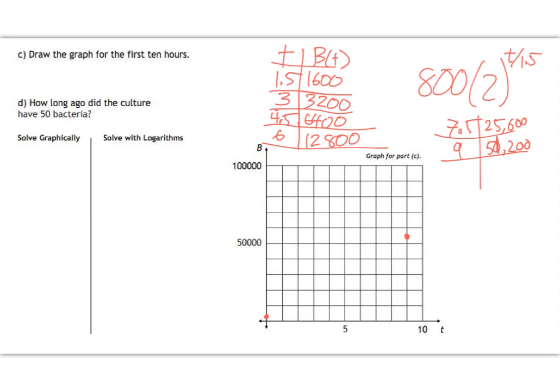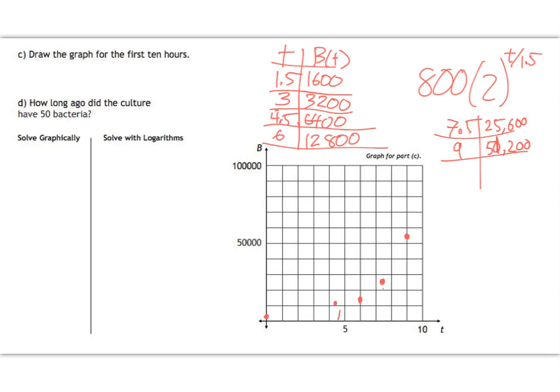So we're somewhere like this. We said 7.5 was 25,000. I think that's going to be like there. We said 6 was 12,800. 4.5 is 6,400.